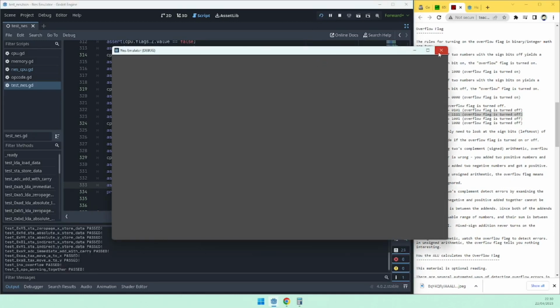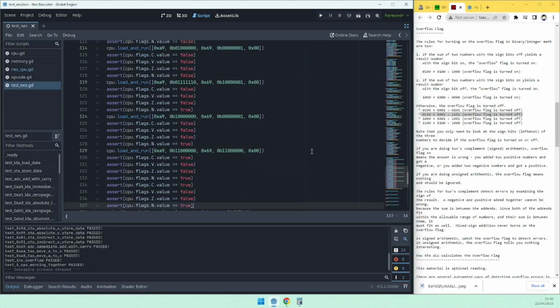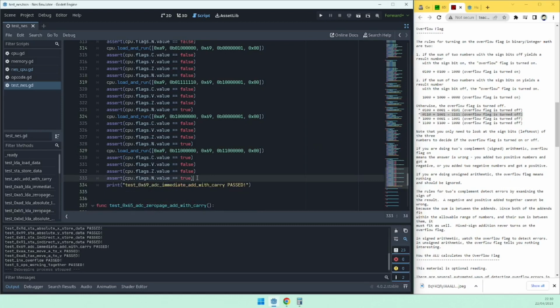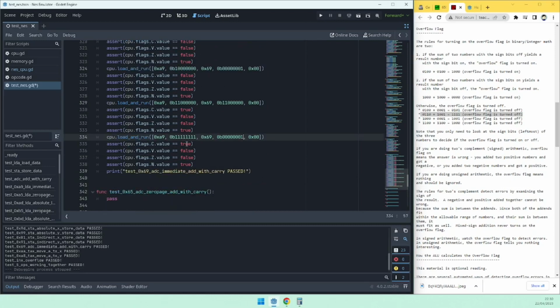Okay, and let's make one more just to make the result 0. So let's make it all ones and a 1, and this does carry, does not overflow, right?